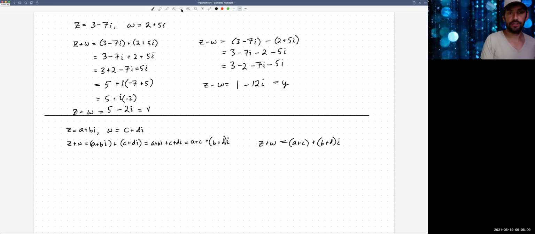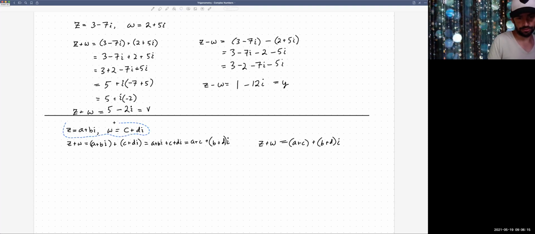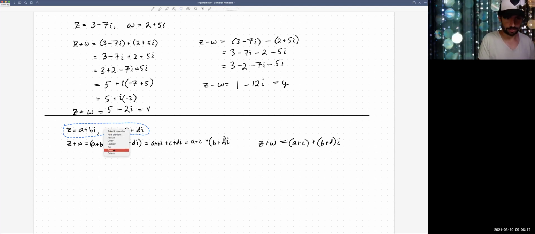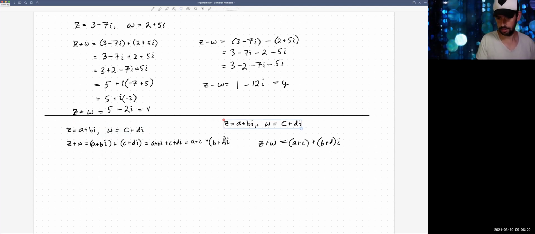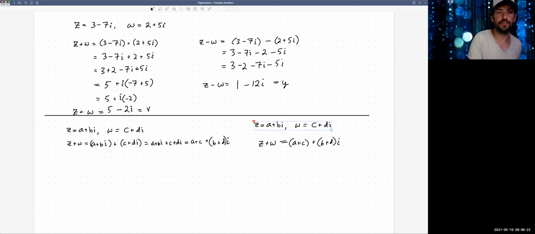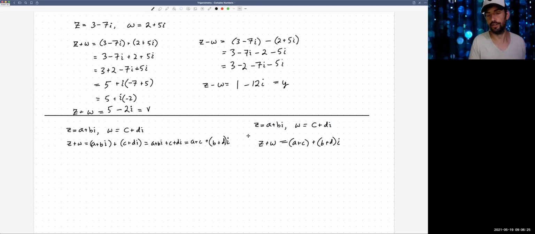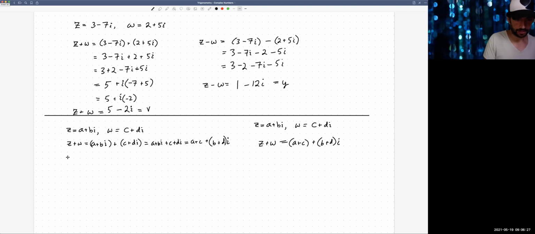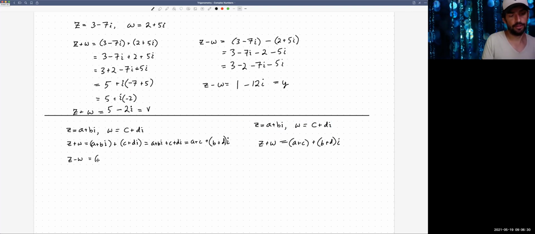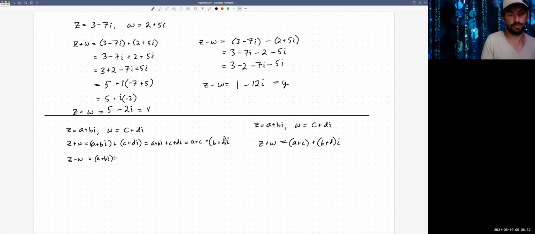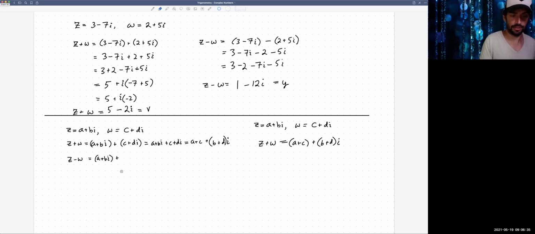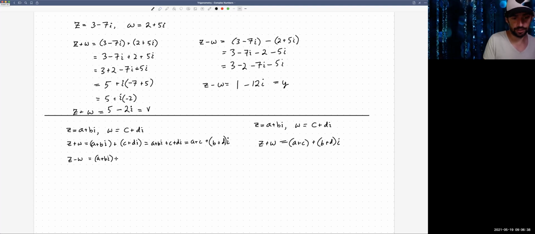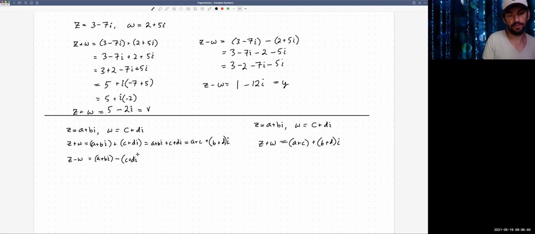So let's just copy this. We'll have a little collection of rules over here. Given these definitions of z and w, there is our z plus w. z minus w, again, we're just reproducing what we did up above, but with symbols. Oops, that should be a minus. So we'll have (a plus bi) minus (c plus di).